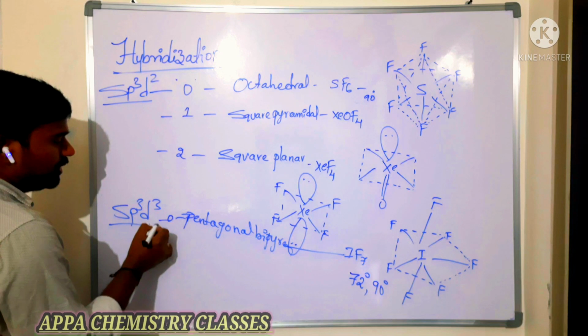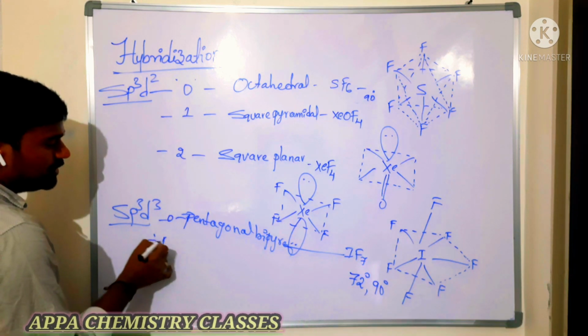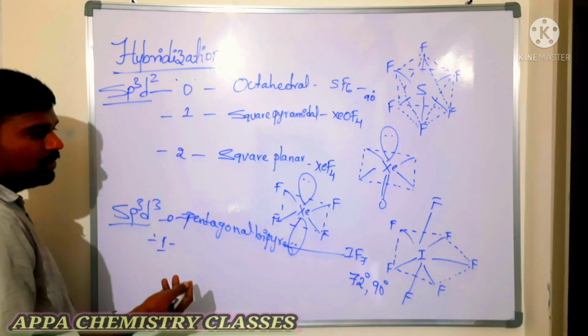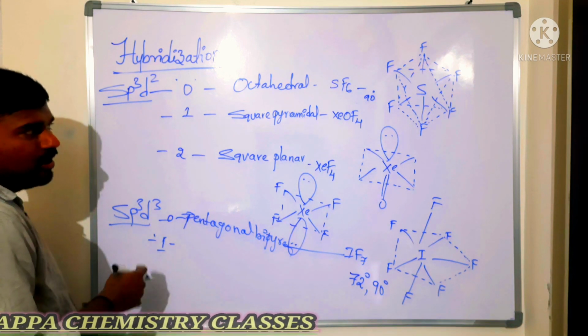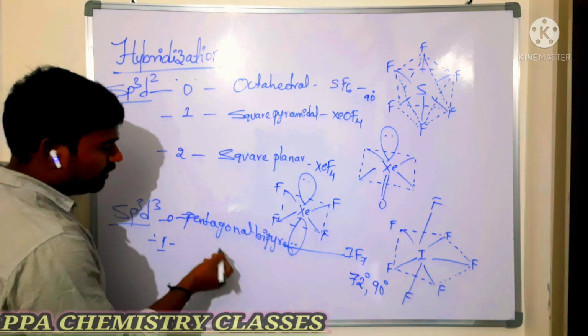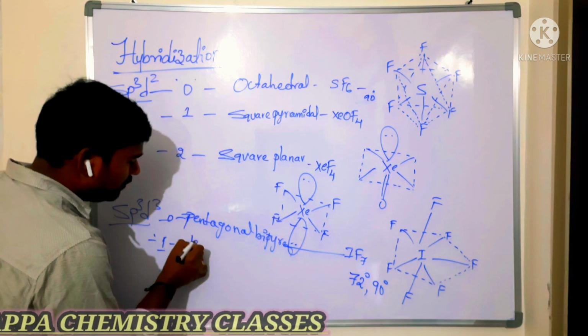With 0 lone pairs it is pentagonal bipyramidal. With 1 lone pair, it is said to be distorted pentagonal bipyramidal, or distorted octahedral. The example here is XeF6, which has 1 lone pair.